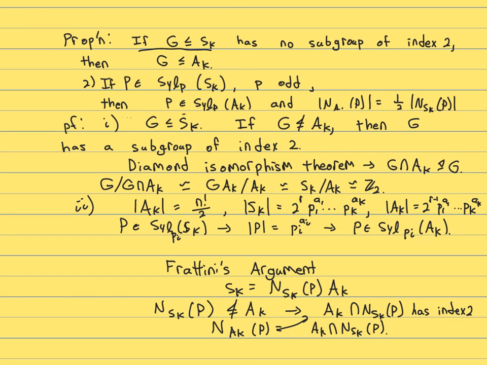And so since this set has index 2 in the full normalizer, that means exactly half the elements in the full normalizer are even permutations. So exactly half the elements in the normalizer are even. And that's all we needed.